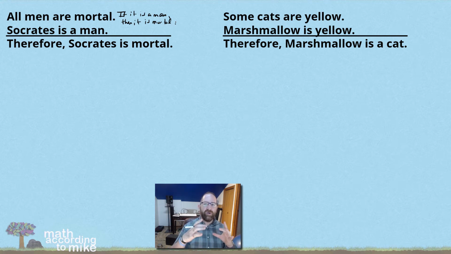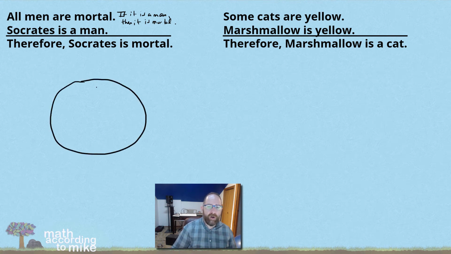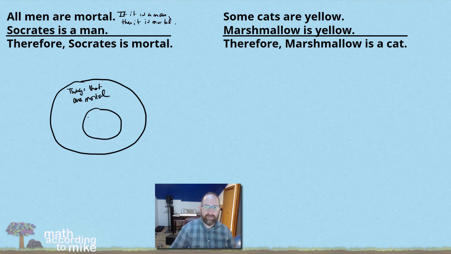The way these circles are constructed is, this one's a nice one, unfortunately. The next one's not. The then is the outer circle, and the if is the inner circle. Meaning that if this circle represented all things that are mortal, then inside the circle of all things that are mortal are all the things that are men.